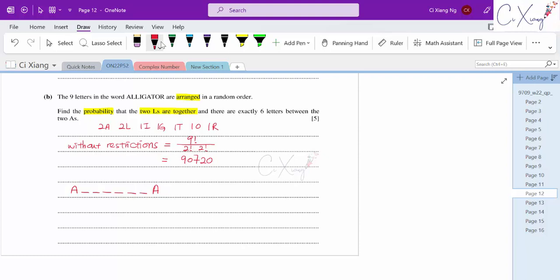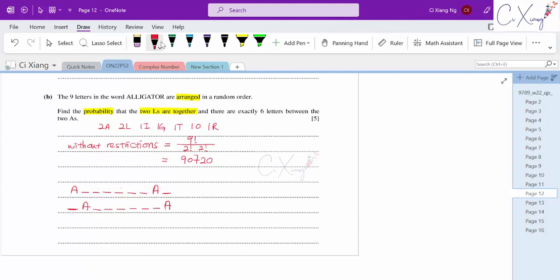If I count the total here, 1, 2, 3, 4, 5, 6, 7, 8, by right there is one more letter at the end. We might also have the case where the A is first, then any other letter, then A, then 1, 2, 3, 4, 5, 6, and then A. So these are the two possible cases where the A has exactly 6 letters between them.